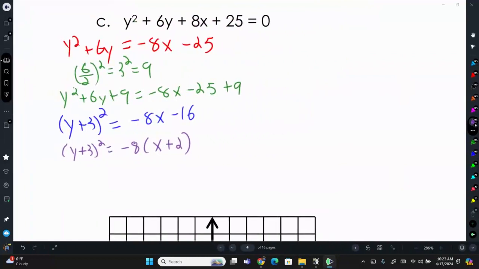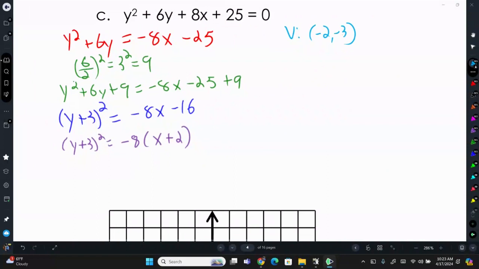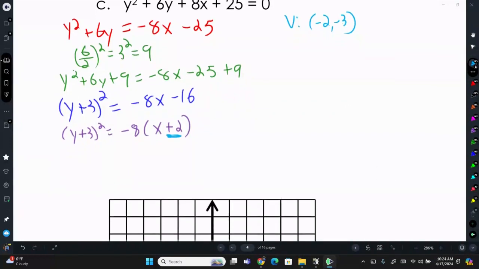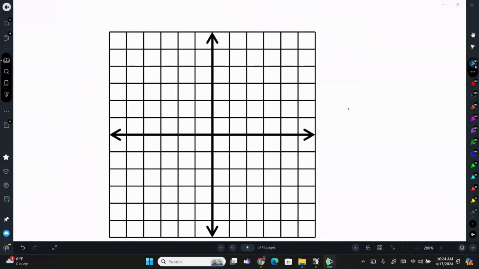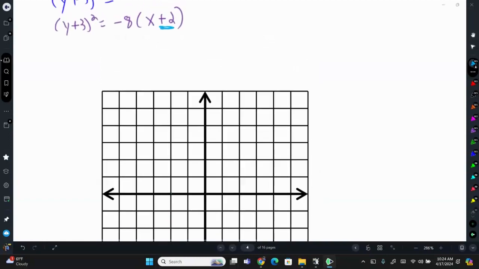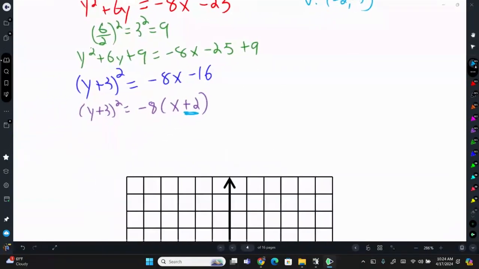So our vertex is going to be at (−2, −3), because this parabola is switched. The x value is on the right side, and y is squared, which means it's going to be opening up left or right. So that plus 2 tells us that the x-coordinate is −2, and the y-coordinate is −3. So there's our vertex.